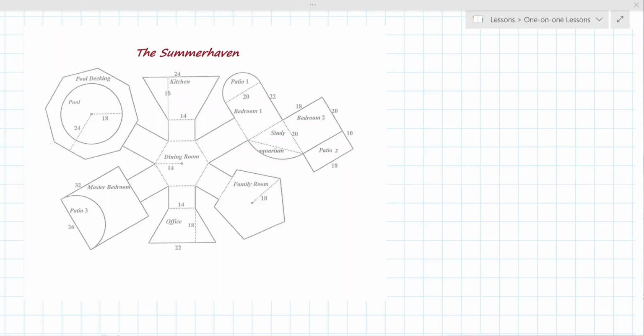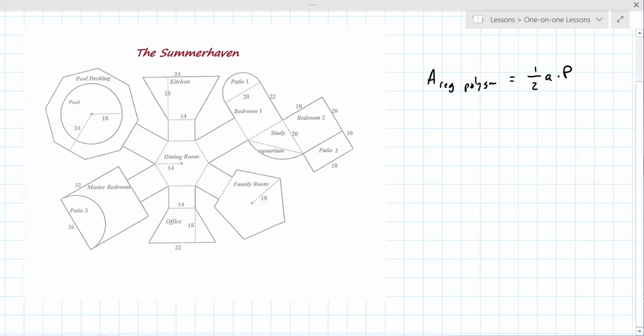All right. The pool deck is a stop sign. It looks like it's an octagon. So the area of an octagon, the area of any regular polygon is equal to 1/2 its apothem times the perimeter.